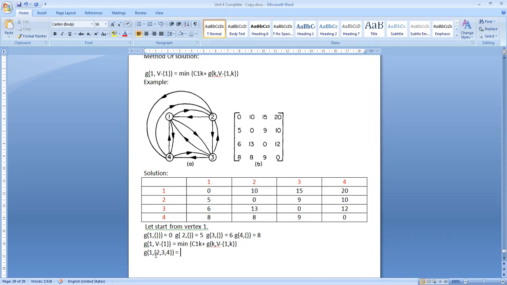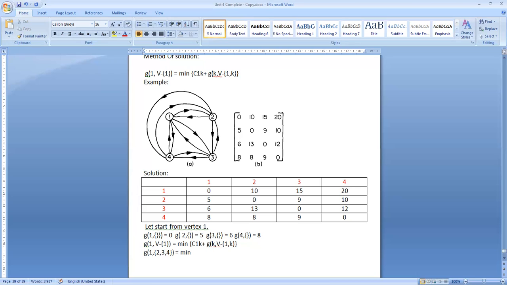I may go to vertex 2 and visit the remaining vertices and come back to vertex 1, or go to vertex 3 and visit the remaining vertices 4 and 2 and come back to vertex 1, or go to vertex 4 and visit the remaining vertices and come back to vertex 1. So this expression should involve all these cases, and the minimum of those values is the final value.